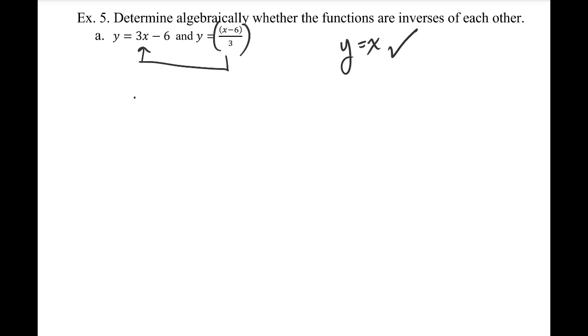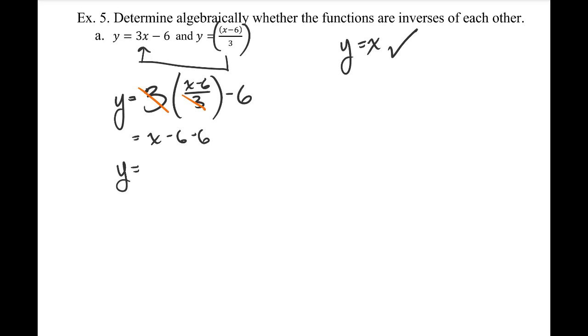So if we substitute into our first one, we've got 3 times (x minus 6) divided by 3, minus 6. Well, when we have 3's multiplying and dividing, they're going to cancel out. So we've got x minus 6 minus 6.